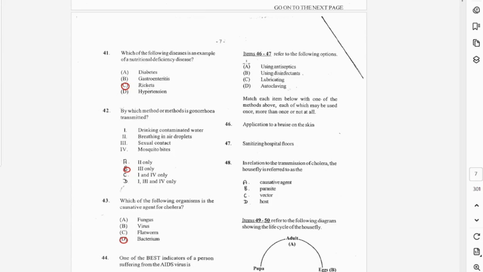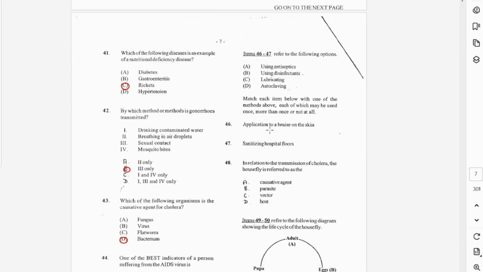So items 46 to 47 refer to the following options. A, using antiseptics, B, using disinfectants, C, lubricating, and D, autoclaving. So match each item below with one of the methods above, each of which may be used once, more than once, or not at all.